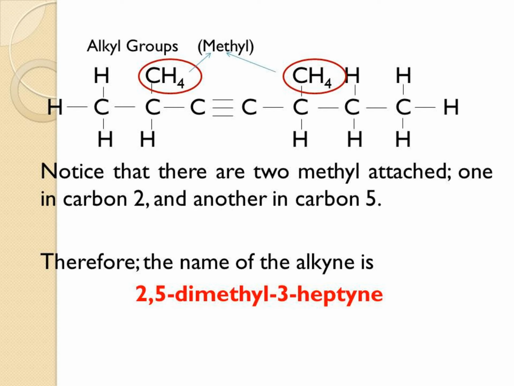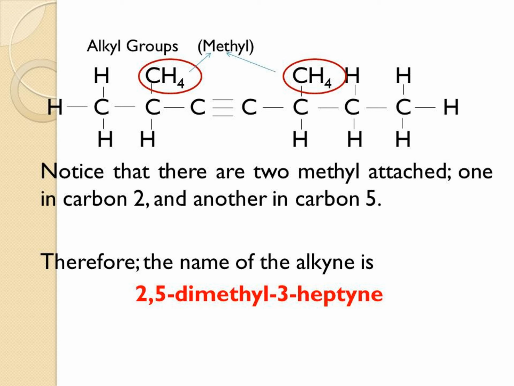That's the location or the number of carbon where the alkyl group methyl are attached. 2,5-di because we have 2 methyl groups, dimethyl, 3 indicating the lowest number of carbon where we can find the triple bond, heptyne because we have 7 carbon atoms in the parent chain.